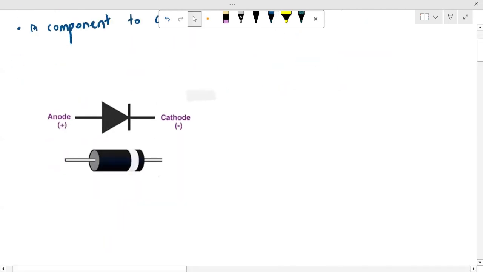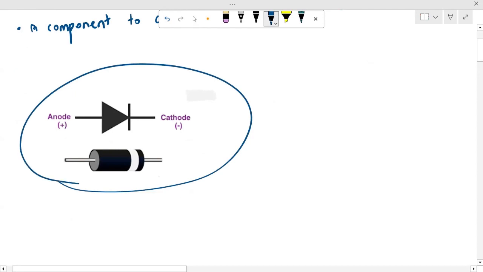For example, look at this picture over here. As you can see, this is a real diode, whereas this is the diode symbol. So in a real diode, you can see that this white area is visible.